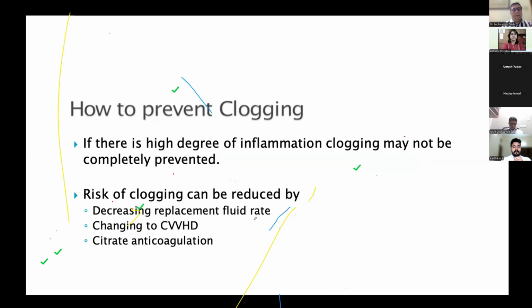So if you want the filter to survive another few hours, you can change the modality from hemodiafiltration or hemofiltration to hemodialysis. And citrate anticoagulation is more frequently used for reducing the clogging of the filter itself.